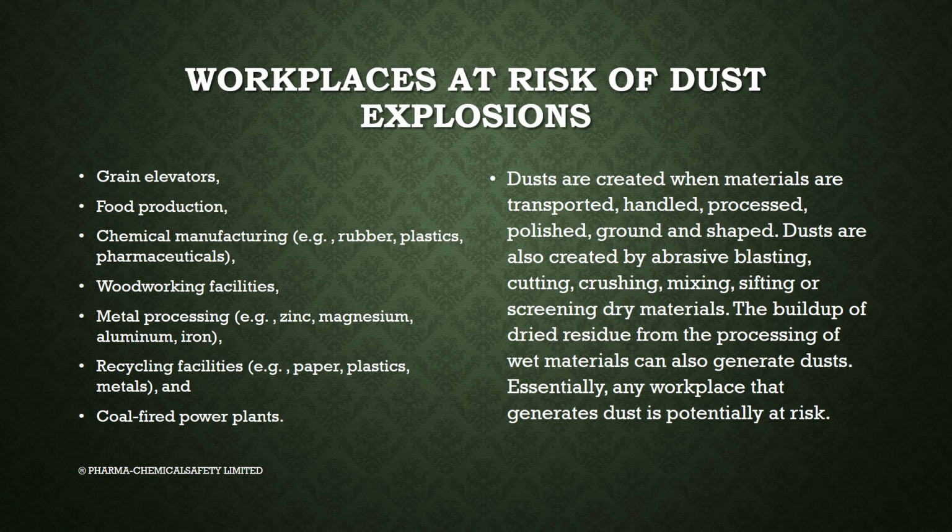So this dust comes in contact with the air, and that's when you can have this type of explosion. Normally they're called deflagrations. That's the right name to call it. Essentially, any workplace that generates dust is potentially at risk. And that's what we're going to talk about in this series of videos, how to identify this type of hazards and the risks as well.